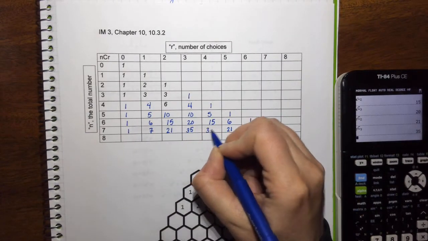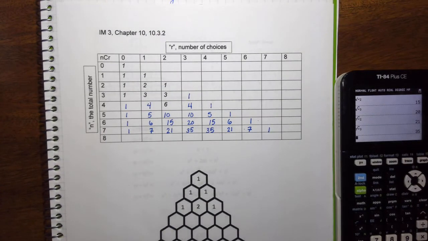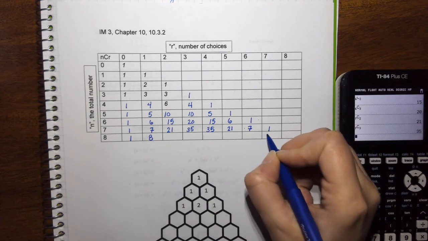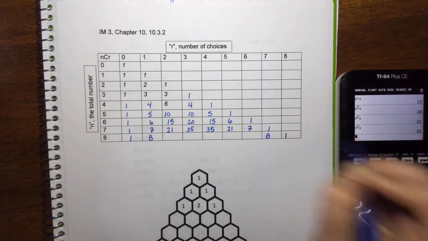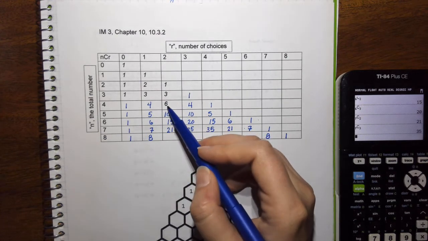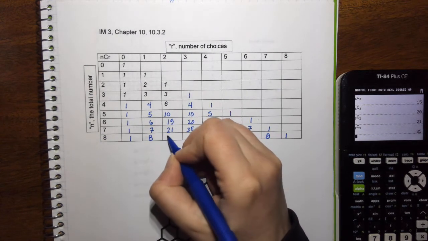Okay, and because of symmetry, I know that will also be 35. You having fun yet? 1, 8, 8, 1. Okay, +2, +3, +4, +5, +6, +7, 28.